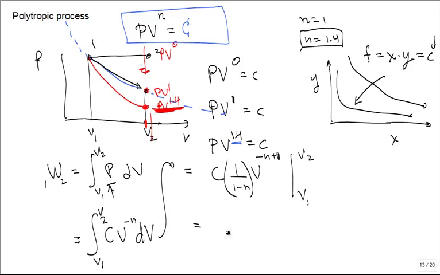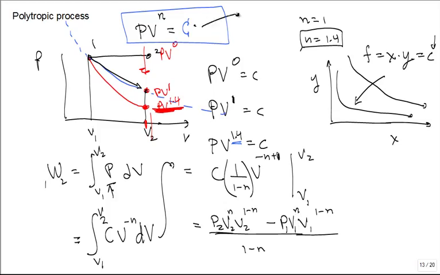Okay, so now we're going to have the constant over 1 minus n times V2 to the 1 minus n minus the constant V1 to the 1 minus n. Did I do that right? Does it look okay still? This constant right here, I'm going to replace by P2 V2 to the n. Can we do that for that constant? And for this constant right here, replace it by P1 V1 to the n.